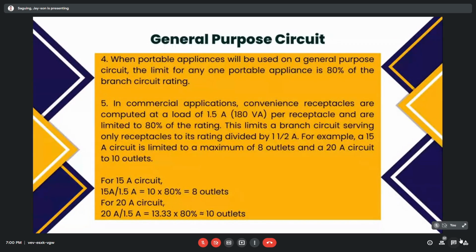This limits a branch circuit serving only receptacles to its rating divided by 1 and 1/2 amps. For example, a 15 amp circuit is limited to a maximum of 8 outlets and a 20 amp circuit to 10 outlets.